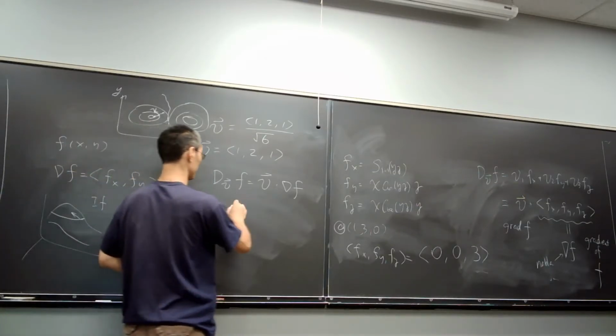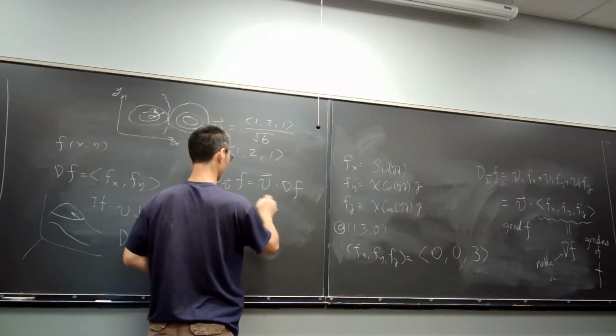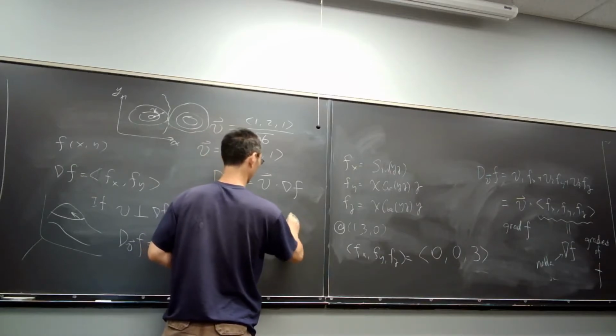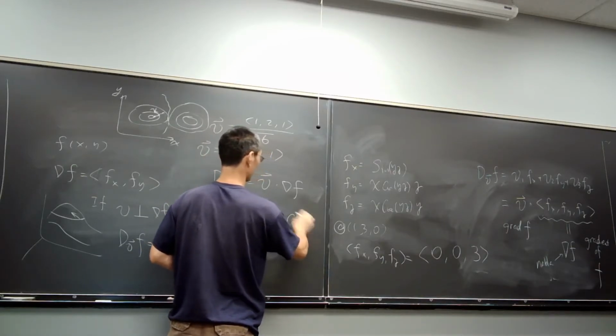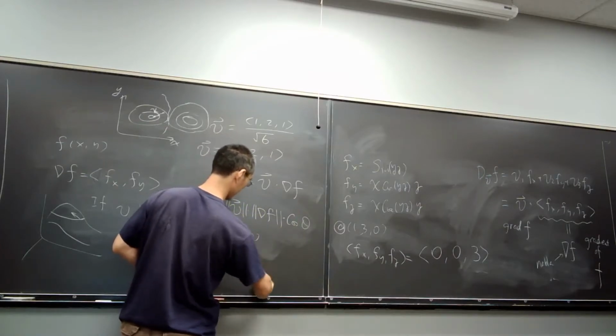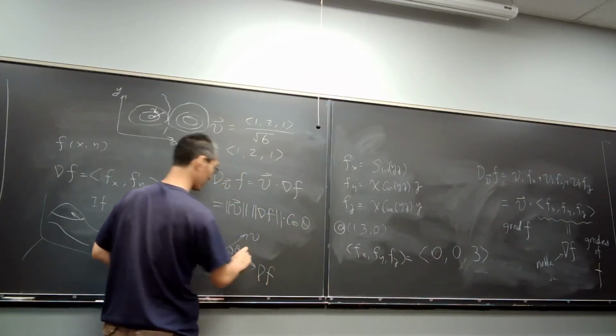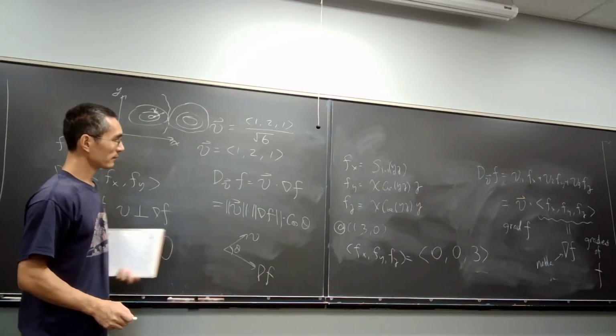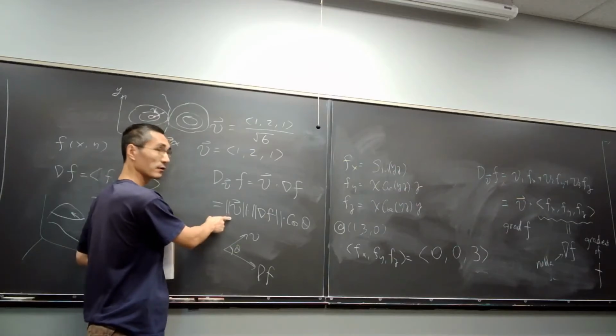This equals the length of vector 1 times the length of vector 2 times the cosine of the angle between them. The angle is not for v, it's between them. So this is v, this is the gradient of f, and the angle between them. Remember this formula?